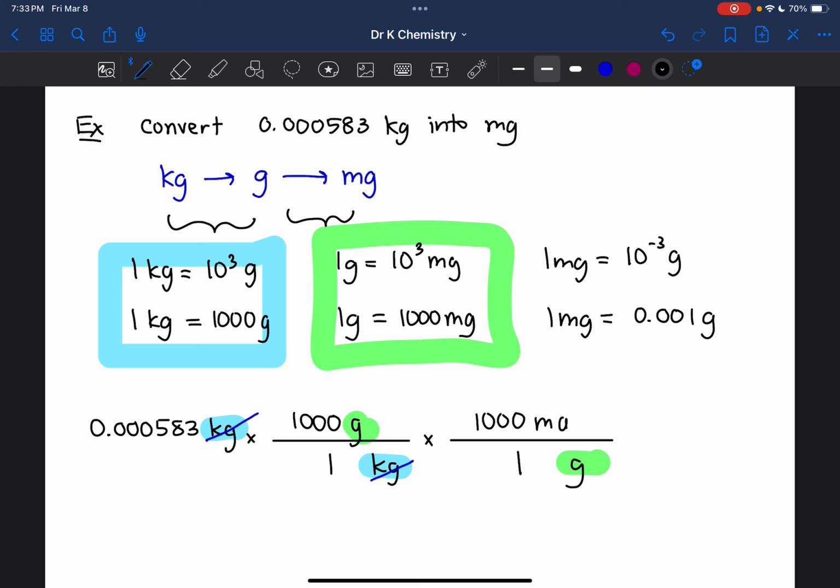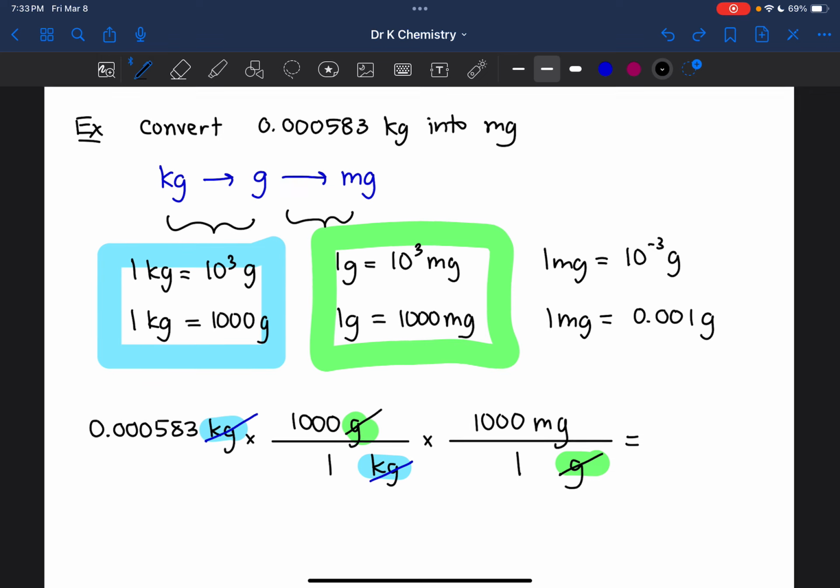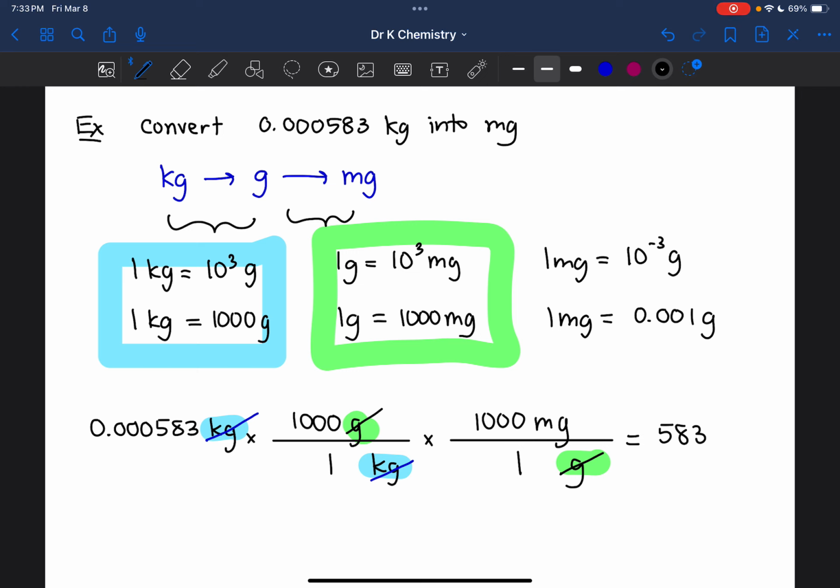So I will write 1,000 milligrams in the numerator and the grams will cancel out. Now our unit is left in milligrams and we can plug in our values. Okay, this gets me 583 milligrams.